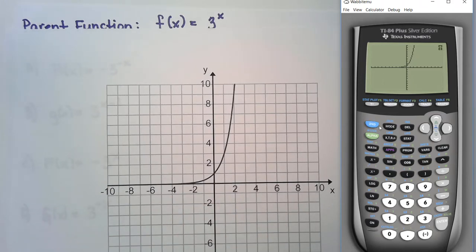We have second and graph. We can look at some values here. Now, here's the y-intercept at 0, 1.